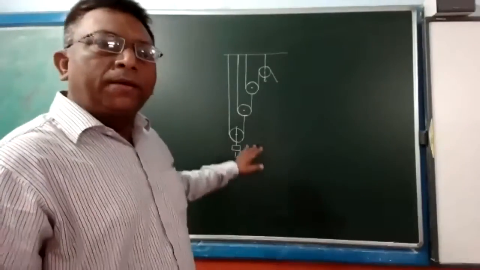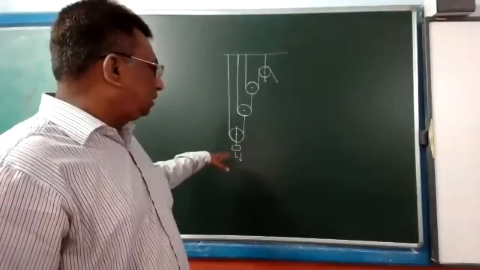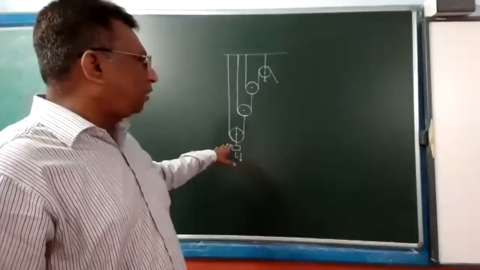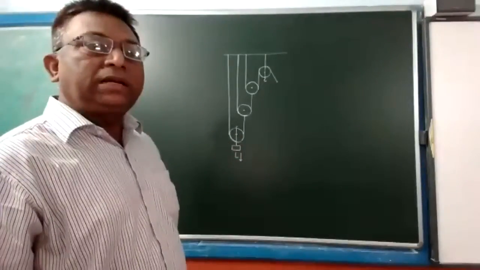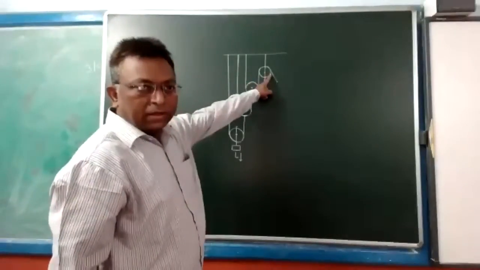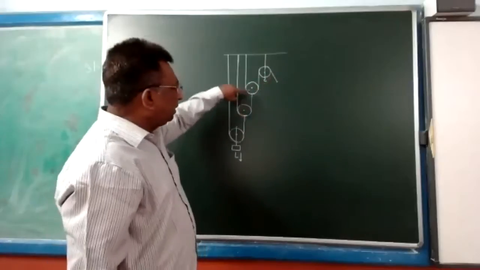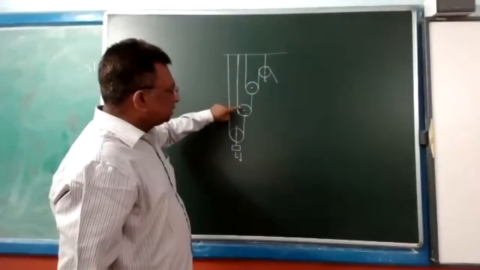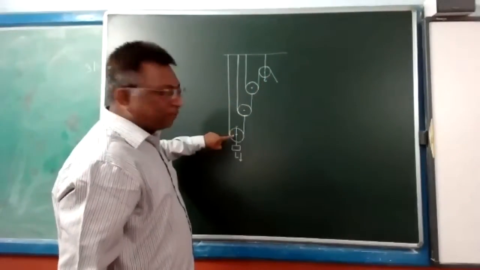Are you observing? This is the diagram of the pulley system which I talked about. This is the fixed pulley, and the first movable pulley, second movable pulley, third movable pulley.